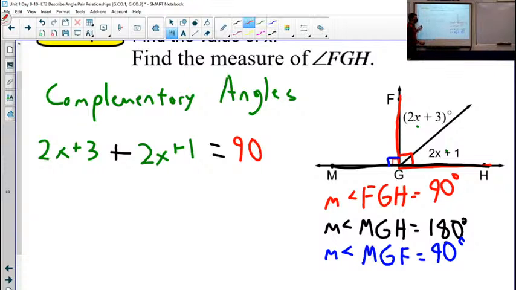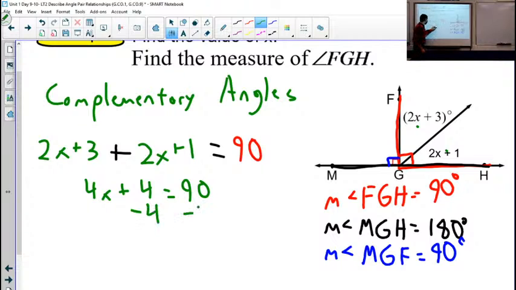2x here and a 2x here. We're going to combine everything together on the left side. 2x and a 2x is going to be 4x. 3 and 1 is 4. So I got a 4x plus 4. So I'm going to subtract 4 from both sides. 90 minus 4 is 86.